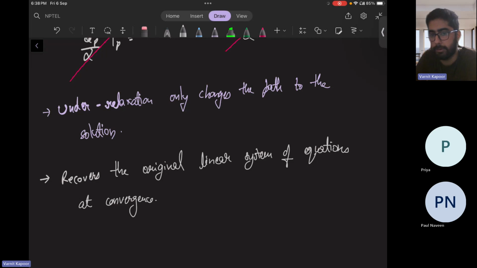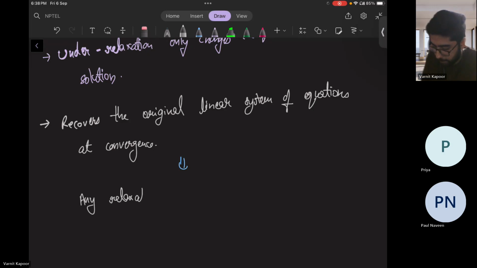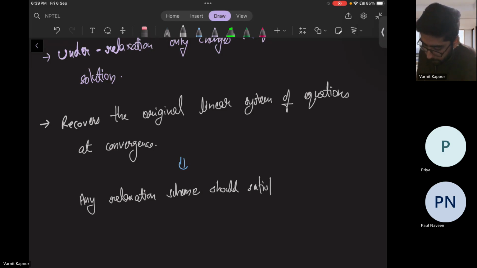Otherwise, your solution will diverge and will not give the correct results. Any relaxation scheme should satisfy this condition.